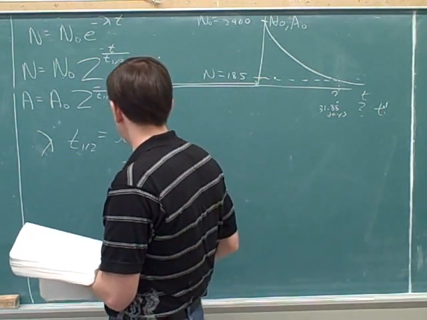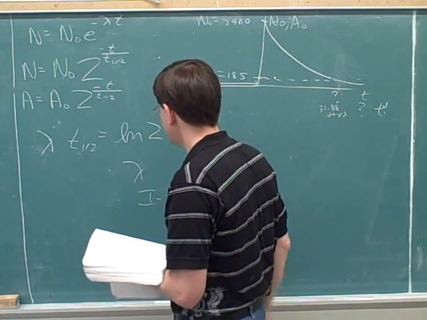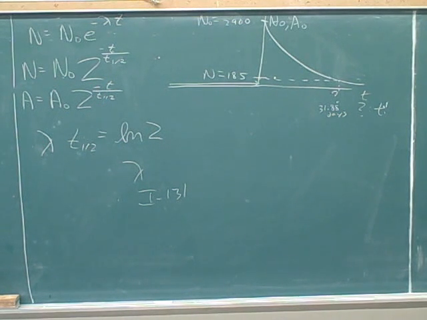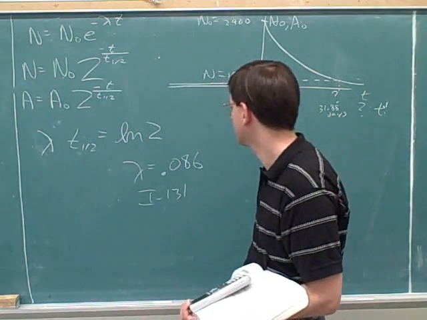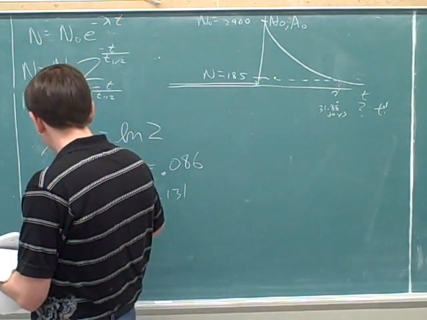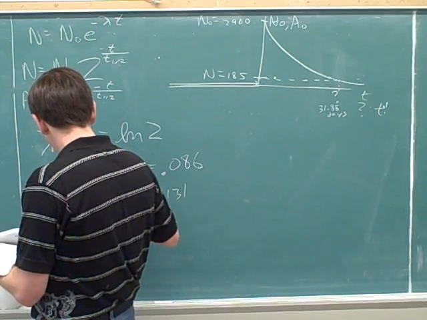By the way, let's figure out what lambda is for iodine 131. We just saw that the half-life here was 8.04 days.